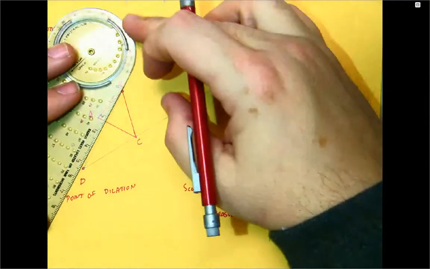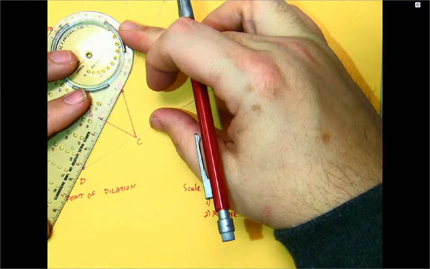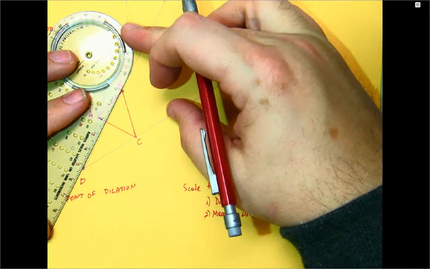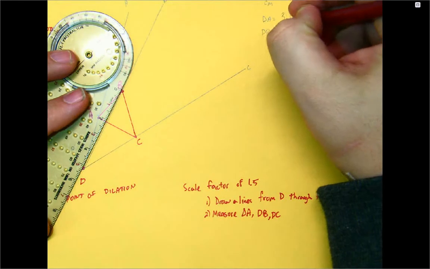Now with B, looks like about 5.2, so DB is 5.2.